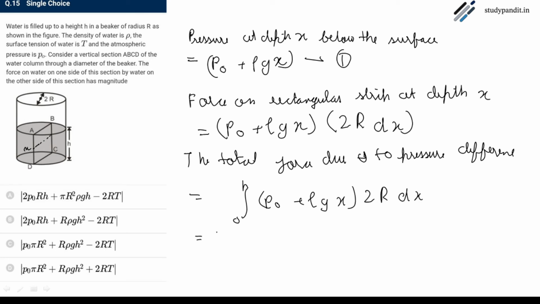This will be equal to r rho g h square plus 2 P naught r h.